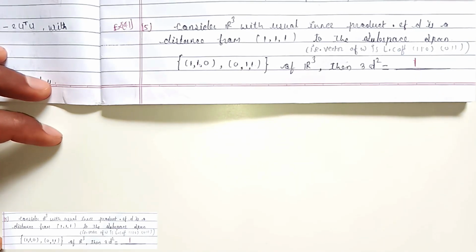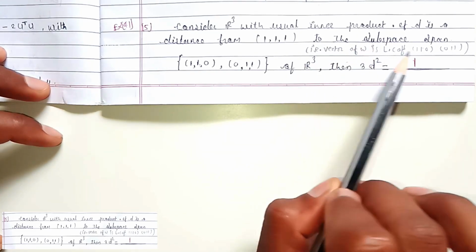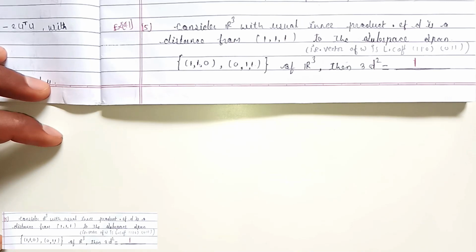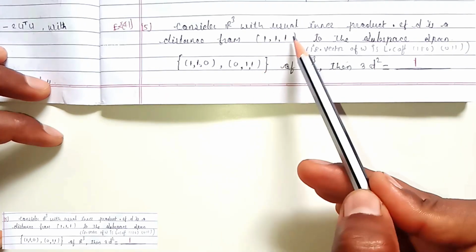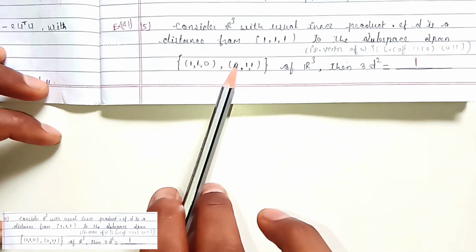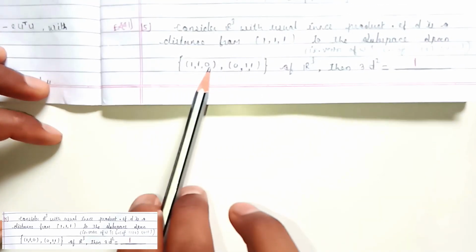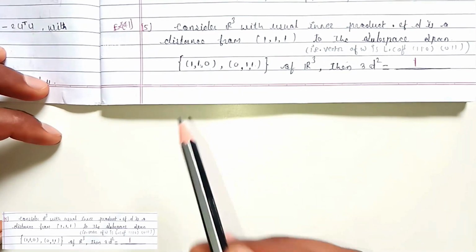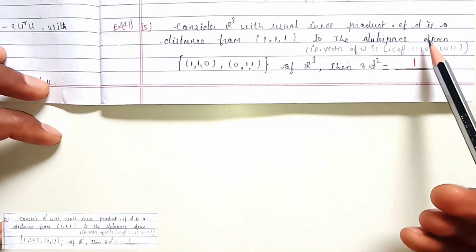If you want to solve this question, you need to understand what is meant by the subspace spanned by two vectors, then apply the distance between the point and this subspace, and you will get the answer for 3d square. A spanning set means we write the linear combination of these vectors: x times the first vector plus y times the second vector gives exactly the subspace spanned by these vectors.